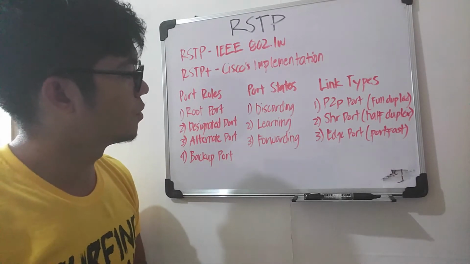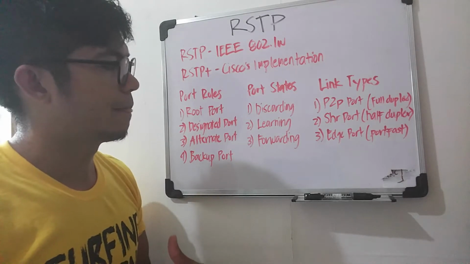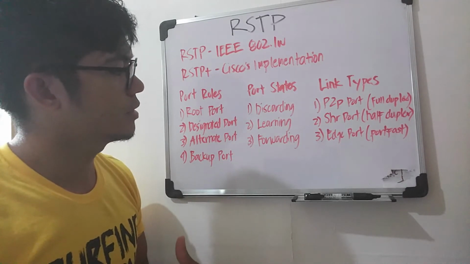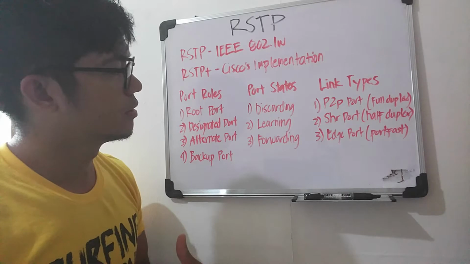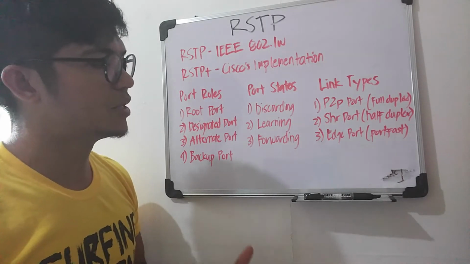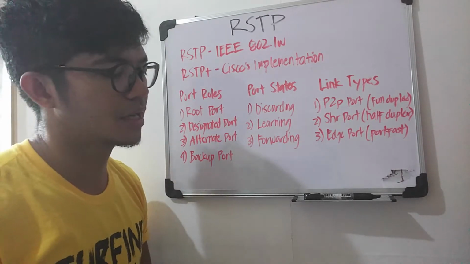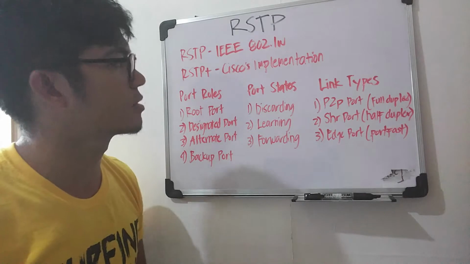With the forwarding state, it is receiving and sending BPDUs, populating the MAC table, and sending and receiving data frames.